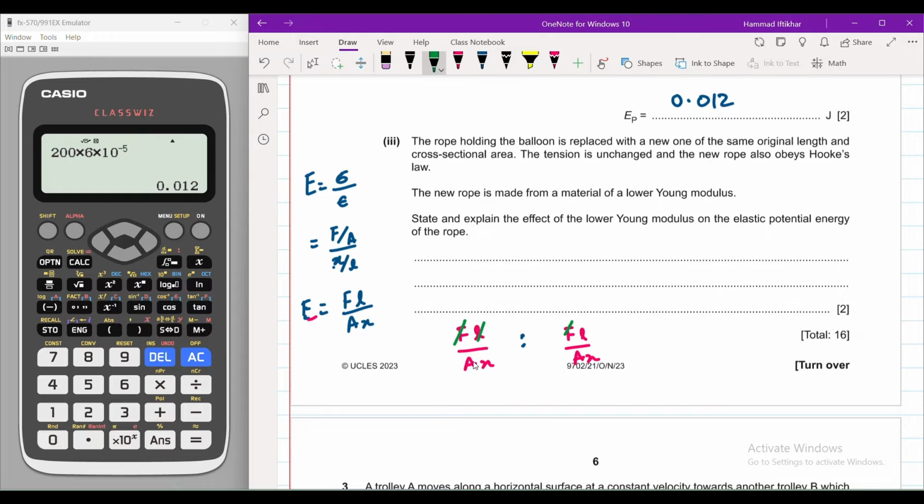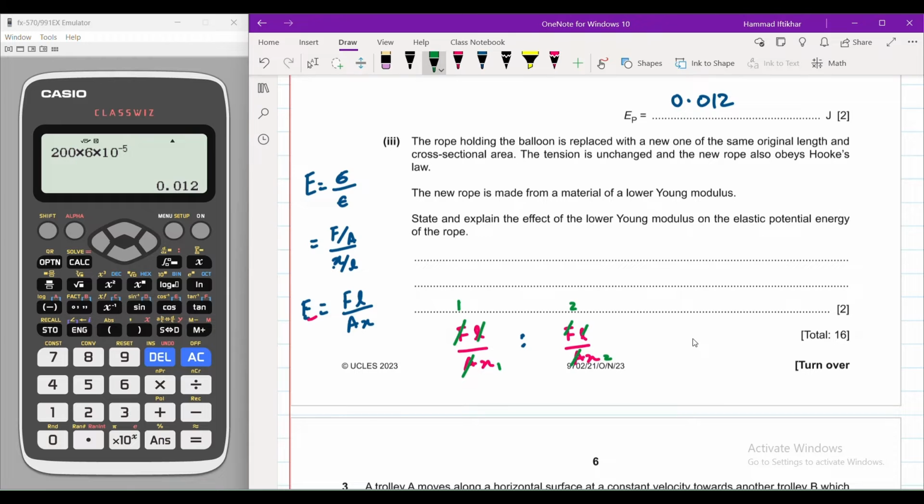Same original length cancels out. The cross-sectional area is the same. So the only difference is coming in the extensions. This is the first case and the second case.